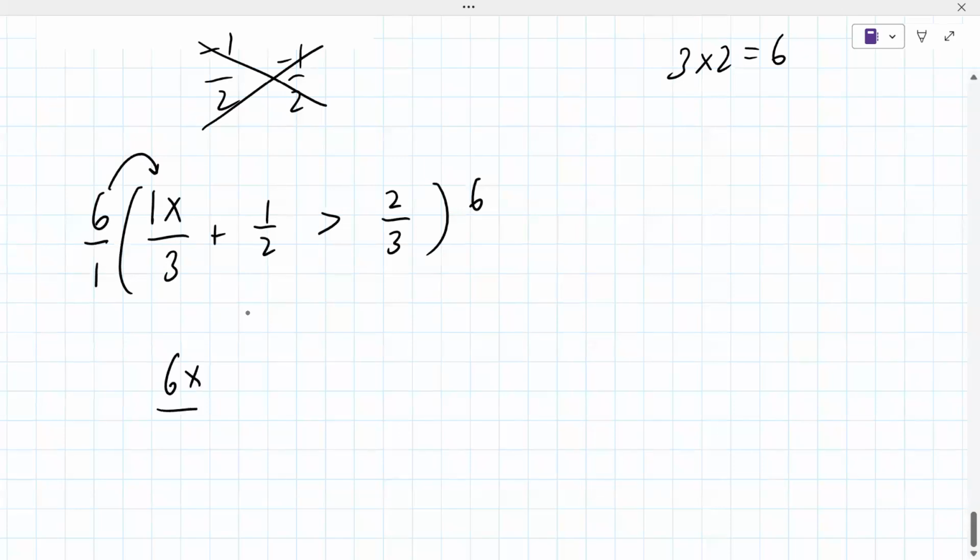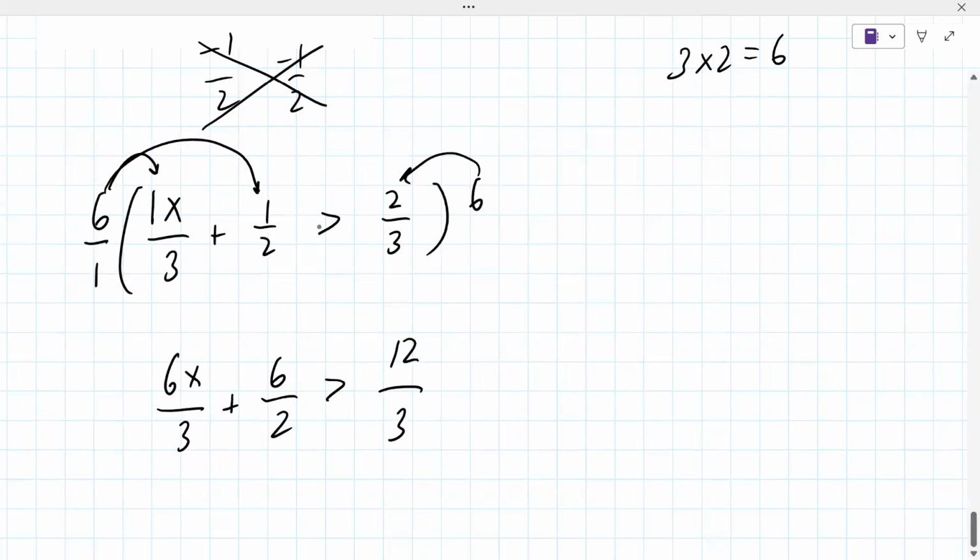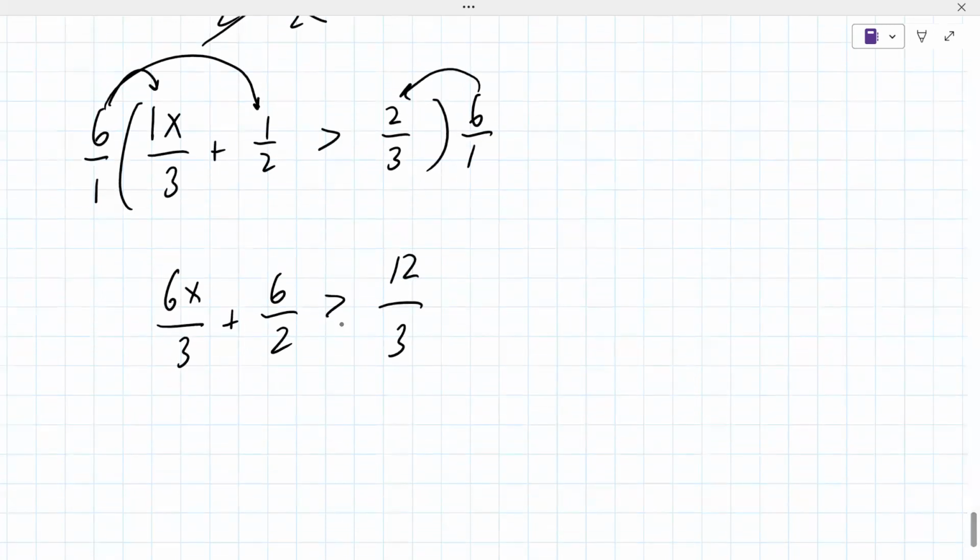So it becomes 6x over 3. 6 times 1 is 6, so 6 over 2. 6 times 2 is 12 over 3. And it doesn't apply to like the denominator, only the numerator when you distribute the 6? Yes, I mean you are multiplying the bottom by 1, but nothing changes when you multiply by 1. Yeah. All right.